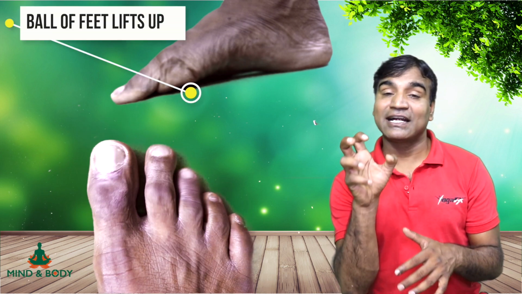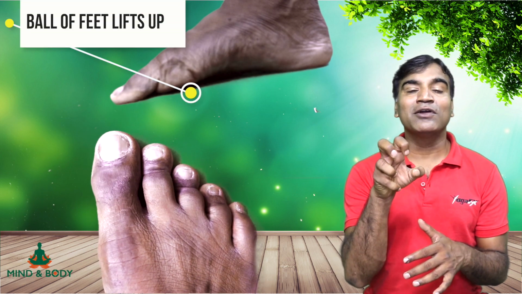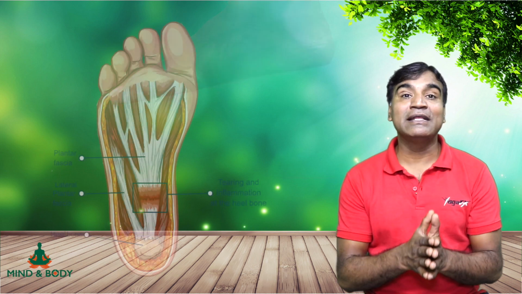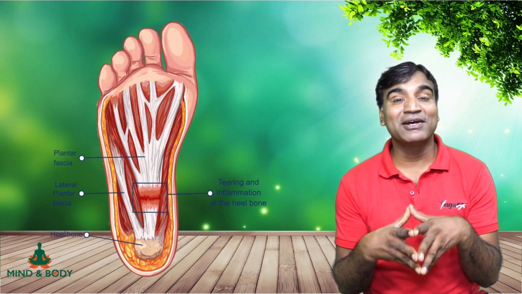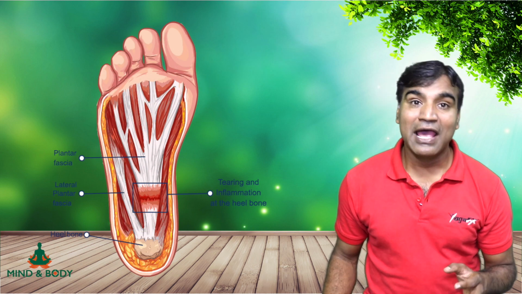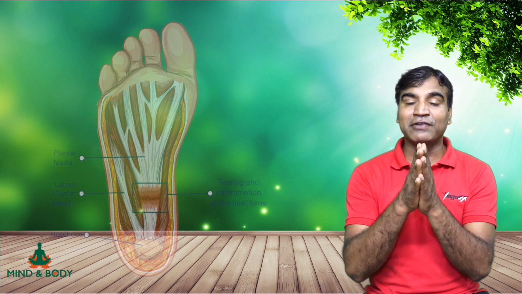What happens is, if you start clamping your toes, automatically the ball of the feet starts lifting up. When the ball of the feet starts lifting up, the 33 joints that you have get inactive. That means the plantar fascia muscles get inactive. And that's the reason it is very important, friends, that you don't grip your toes.